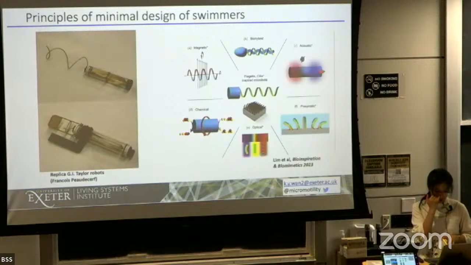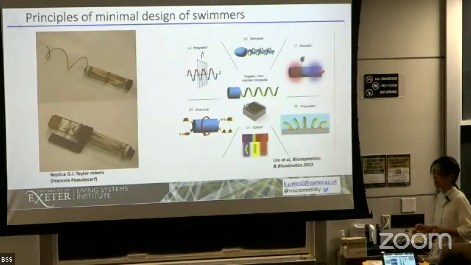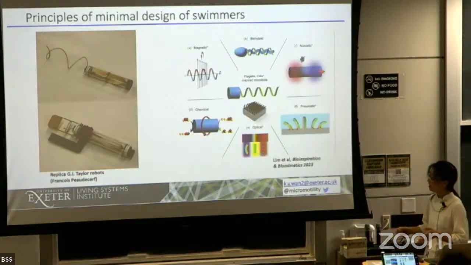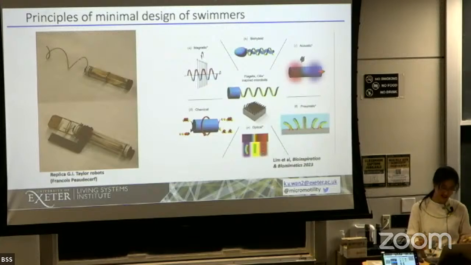And so, unlike in the case of artificial bacteria-like micro-robots, where you simply manufacture a helix, attach it to some rotor and a head, and the thing will swim, it's much more difficult to do the same thing for biomimetic cilia.